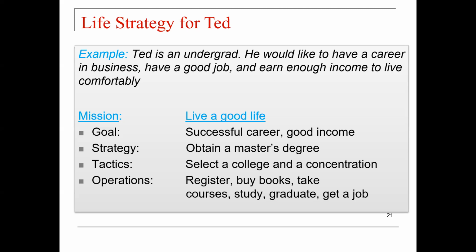The goal is to have a successful career and good income. The strategy could be to get a master's degree. The tactics are to select the college and the concentration. And the operations will be to register, buy the books, take courses, study, graduate, and get a job.